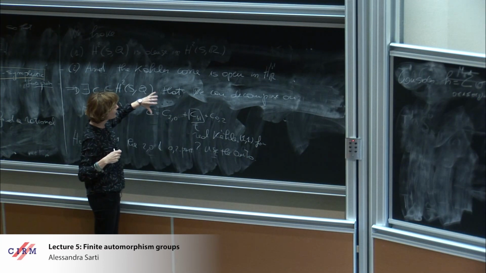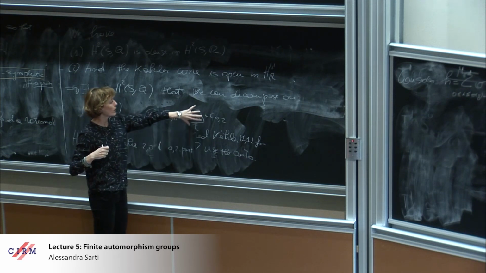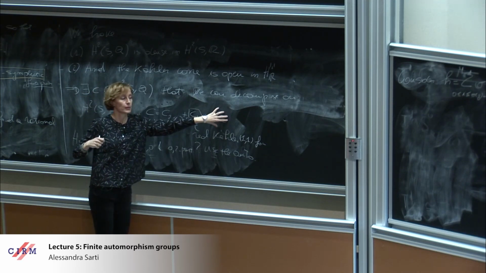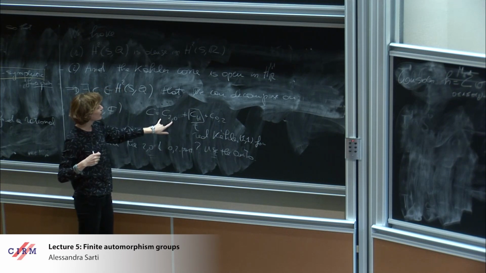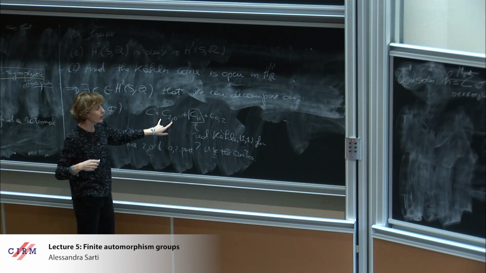So this means I can decompose C in that way, one invariant part here, one invariant part here, one invariant part here. But you know that H20 and H02 do not contain invariant elements.